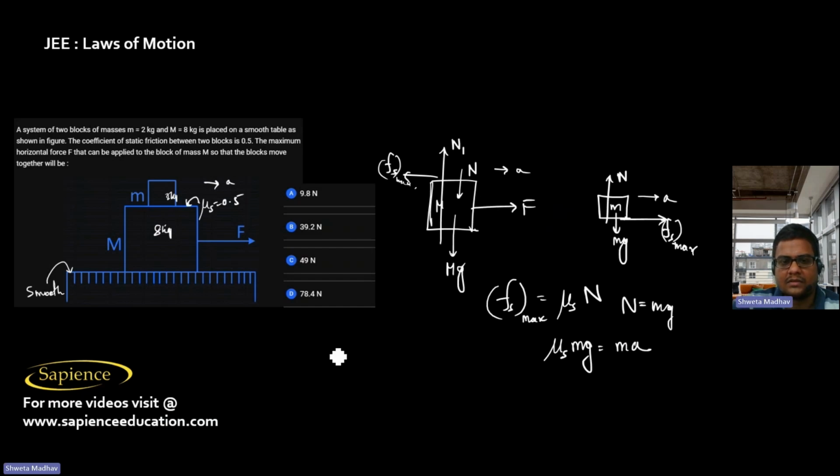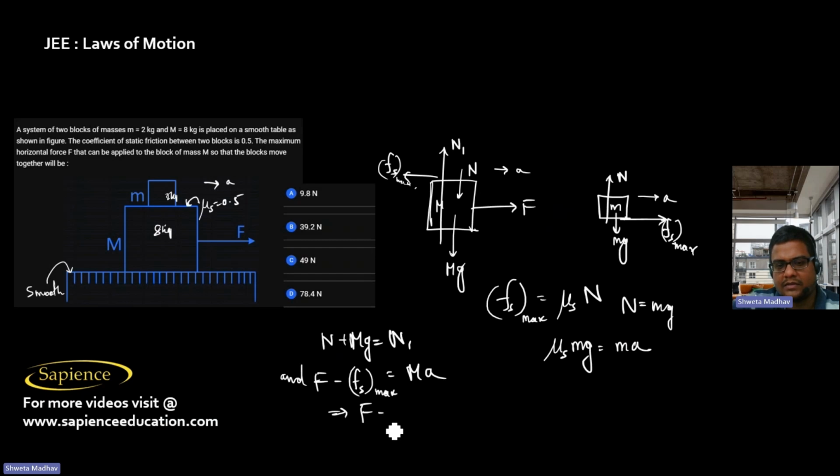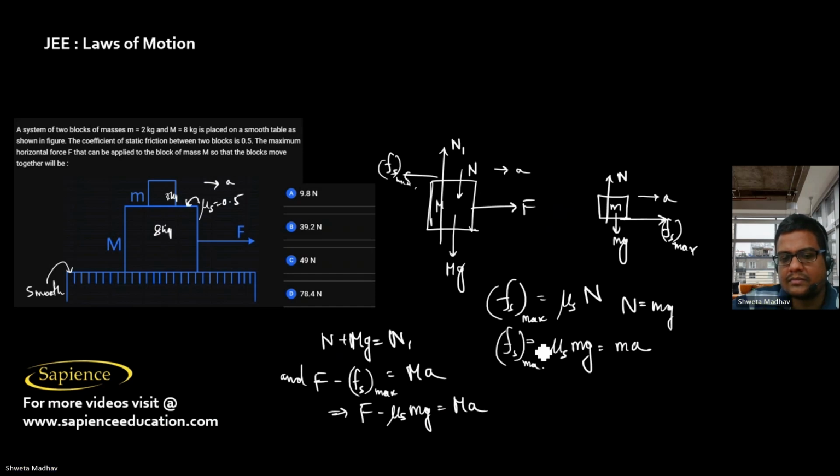And here we can see that N plus mg is equal to N1, and F minus Fs max is equal to M into a. So therefore F minus Fs max, that is mu s mg, is equal to Ma. So Fs max is equal to ma.